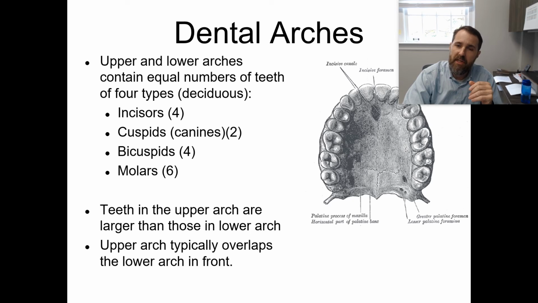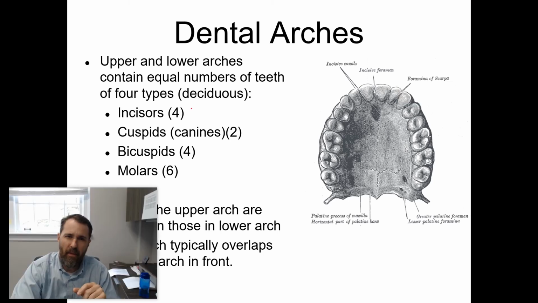You have 20 deciduous teeth, you have 32 permanent teeth, and when we look at our teeth, we tend to divide them into incisors, cuspids, also known as the canines, bicuspids, and molars. And the different teeth have very different functions.